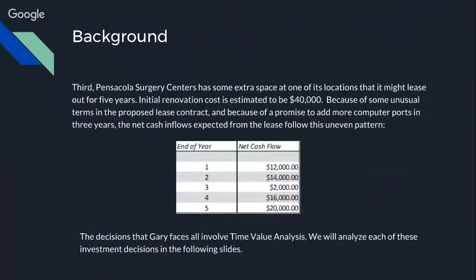The third problem that Gary's going to run into is he has some extra space at one of the locations, and they're thinking about leasing it out for 5 years. Now, they need to renovate it, and to renovate it would cost them $40,000. Due to some unusual terms in the proposed lease contract, they're going to have an uneven pattern of net cash inflows.